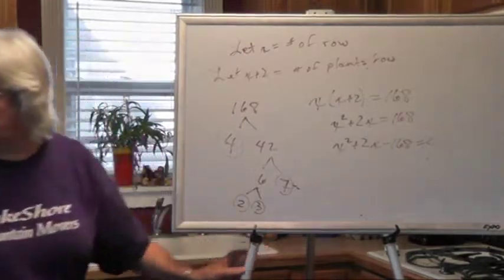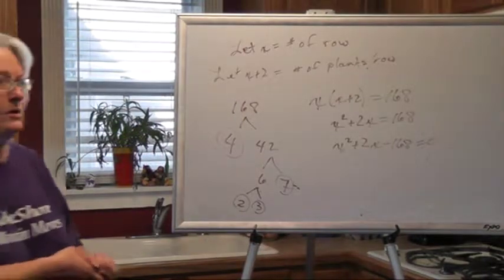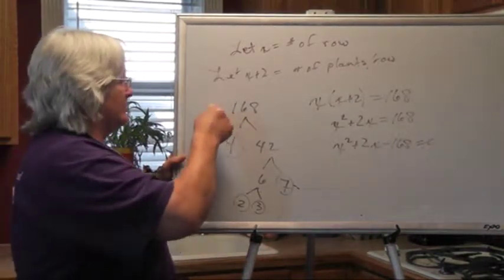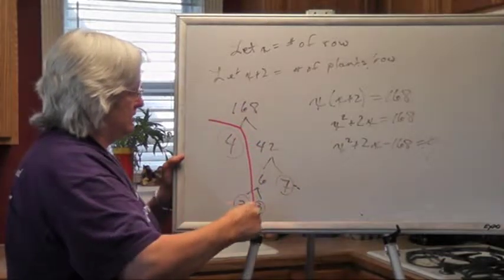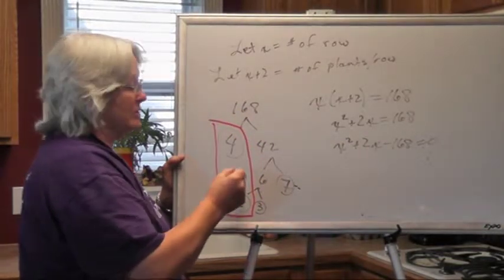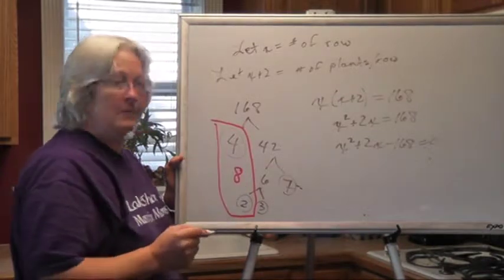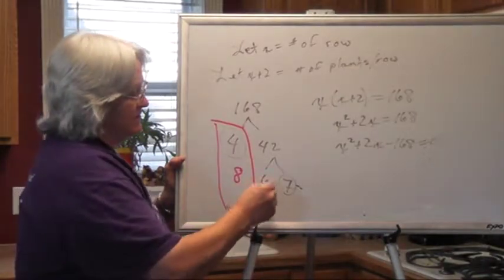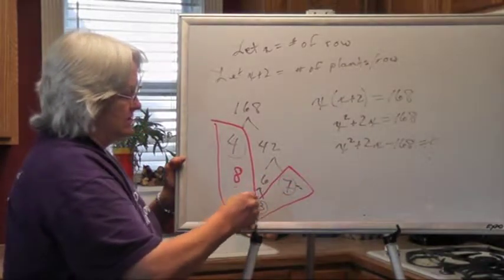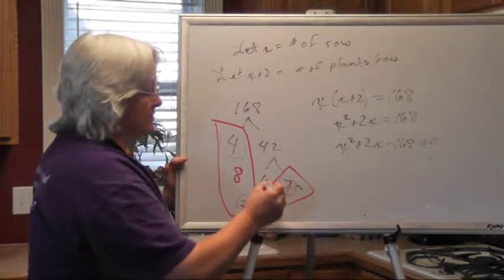What if we went ahead and blocked off these 2 factors? What's 4 times 2? That's right. 4 times 2 is equal to 8. And what is 3 times 7? 3 times 7 is equal to 10.